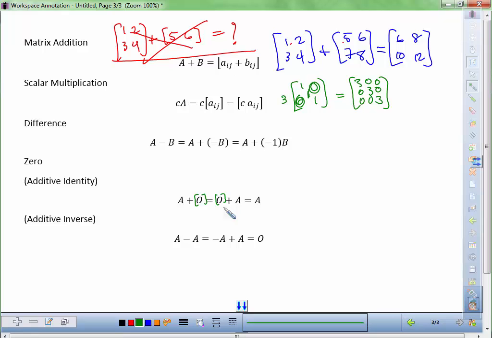You subtract them to get 0. Okay, so these are the basic matrix addition and scalar multiplication business. Anything that has to do with addition is all on this page. So our next step is to take a look at multiplication, define a multiplication for matrices. So let's do that.